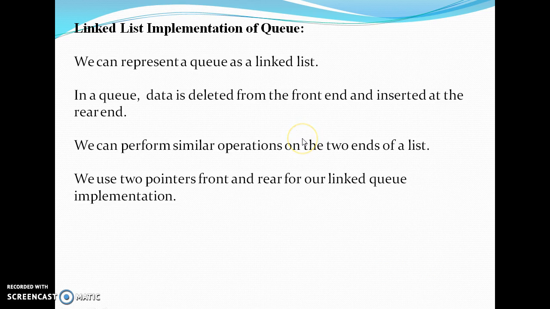So we can implement a queue also using a linked list. As we know, a queue is a data structure which is first in, first out. In a queue, data is deleted from the front end and inserted at the rear end. So we can perform similar operations on the two ends of a list also. Here we use two pointers, front and rear, for a linked queue implementation.